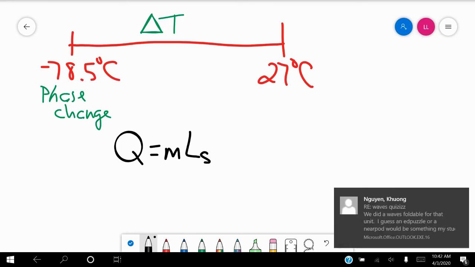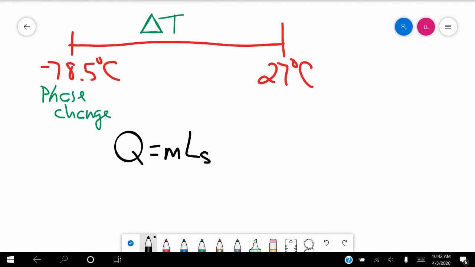So we're going to calculate the heat added to sublimate. Again, this involves no temperature change. This just involves the mass of what we have times that latent heat.